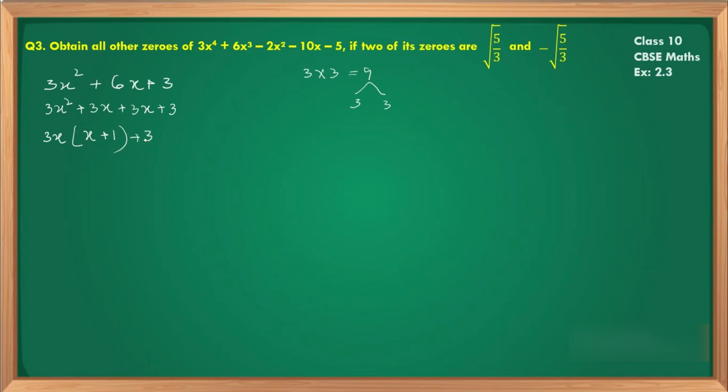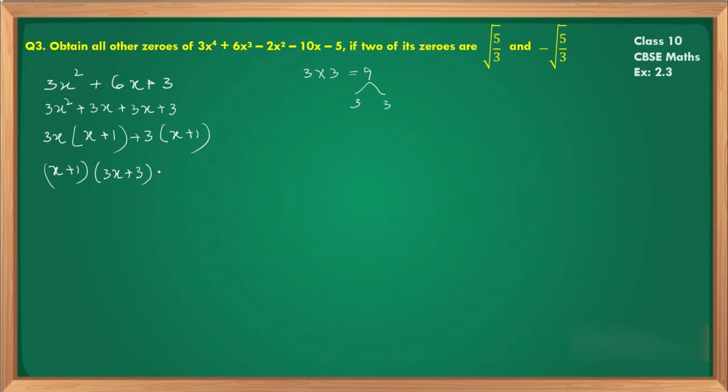Here we have 3 common. Now we get x plus 1. Now we can take out x plus 1 as common out of the first and second term. X plus 1 is common. The remaining is 3x plus 3.